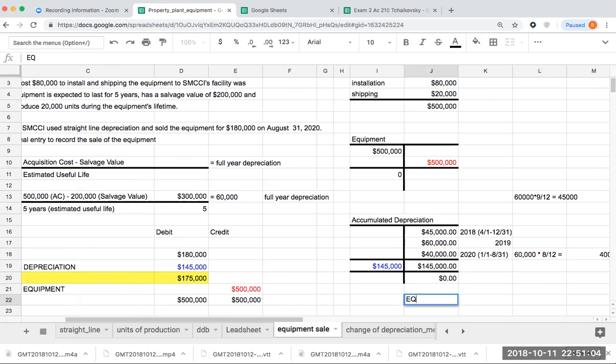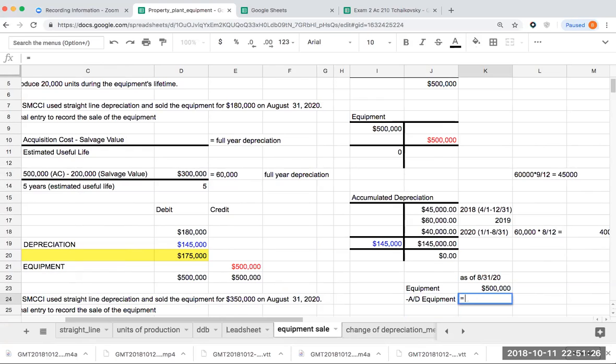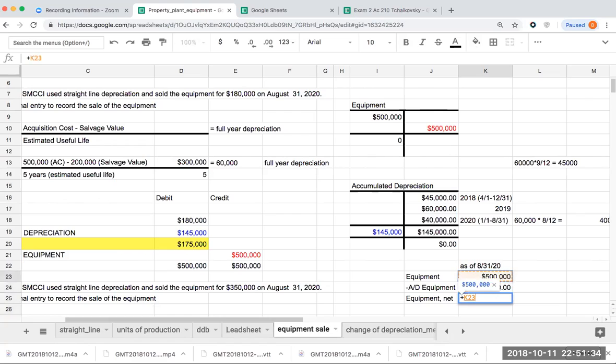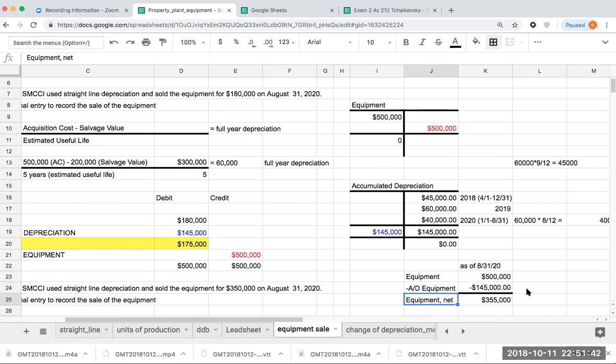Well, we had equipment with a value of 500,000, less the accumulated depreciation of negative 145,000, giving me equipment net of 355,000. So this equipment to me was worth 355.